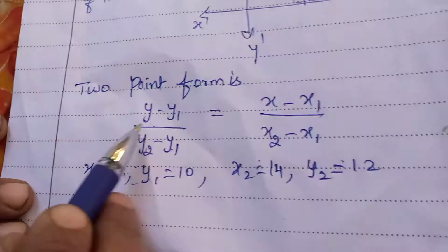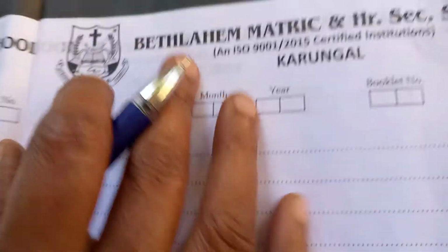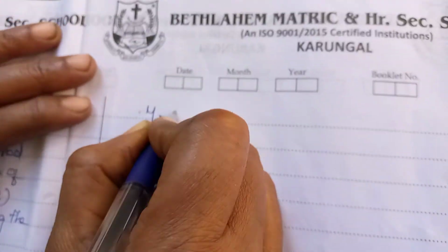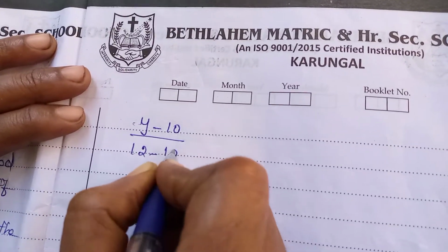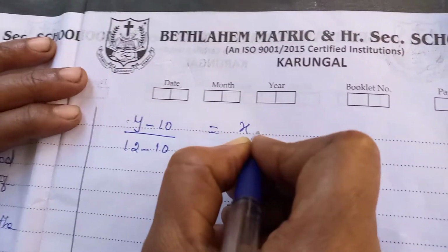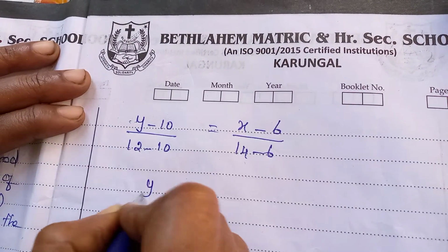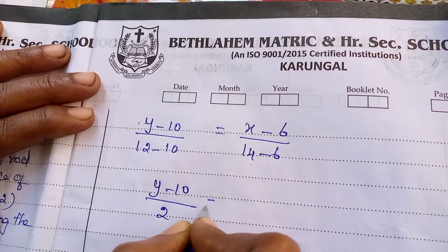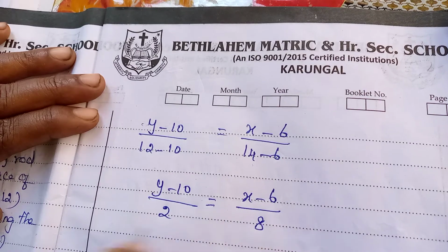So let us substitute these values. We get (y minus 10) divided by (12 minus 10), which is 2, equal to (x minus 6) by (14 minus 6), which is 8.